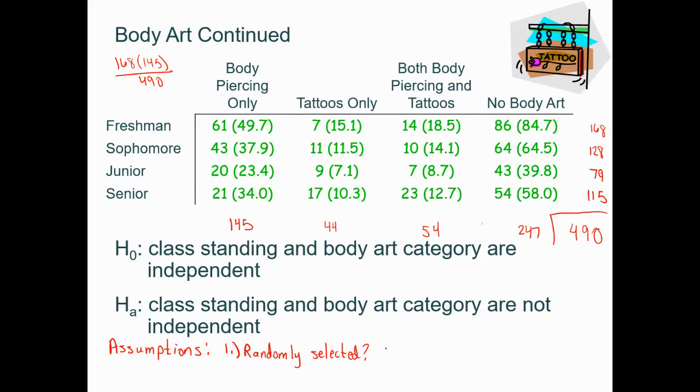For the purpose of this example, we'll assume so, because if they weren't random, then this wouldn't be much of an example.